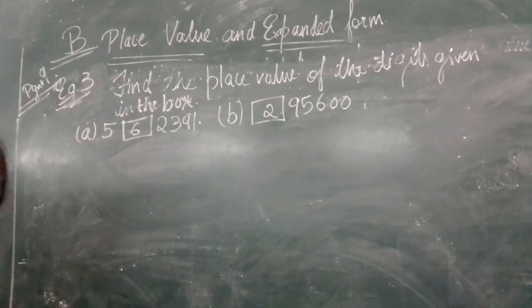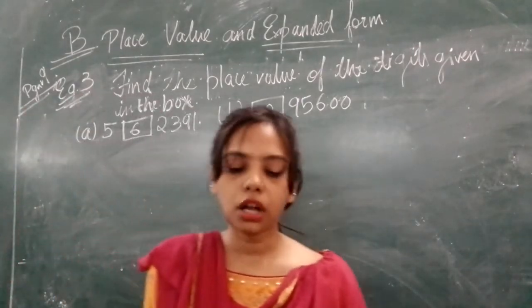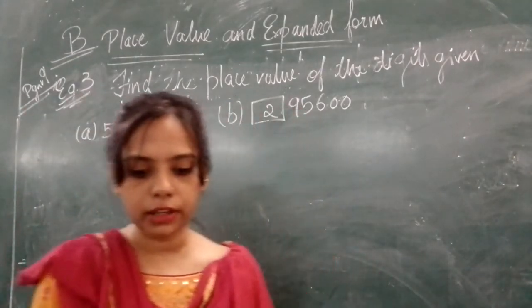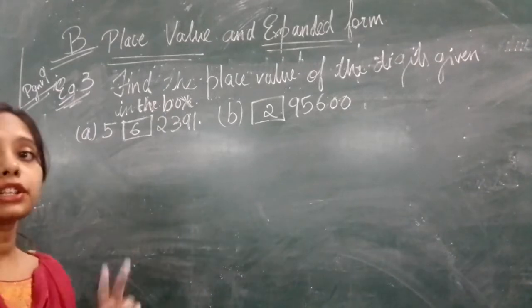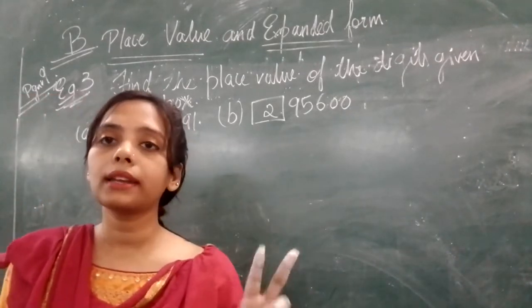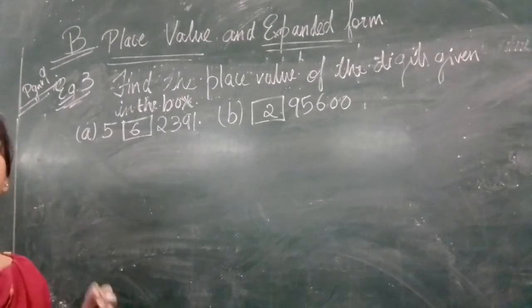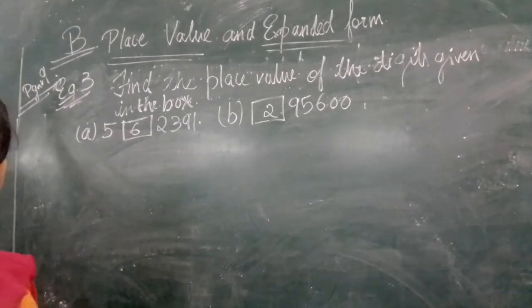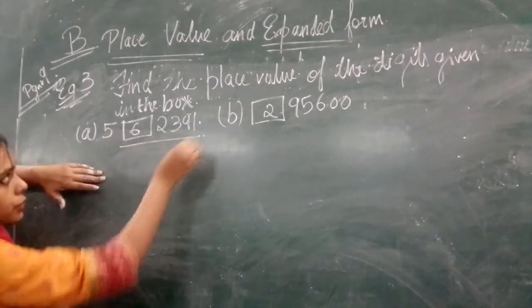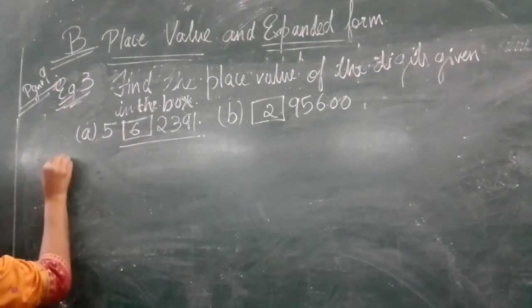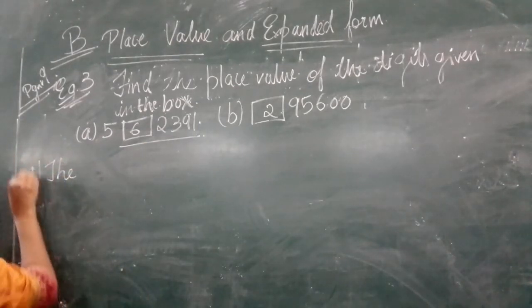Now, what do you have to find? The place value. Now, how will you find the place value? See, the teacher will teach you both the methods. The one is the easier method when you do not understand anything, and then the exact reason behind it. So this is answer 1.